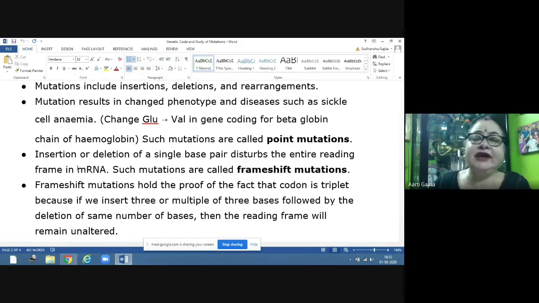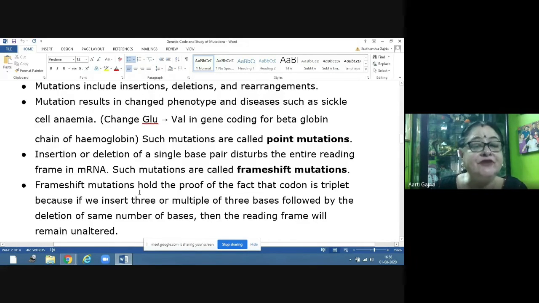So that's why it is called a frame shift mutation. Because one single base pair is disturbing the entire reading frame. Why? Because we have to read three by three. So if we are reading three by three, the change will be there in all the further triplets. If one deletion or one addition is there, it will change the whole frame, and that is called a frame shift mutation.